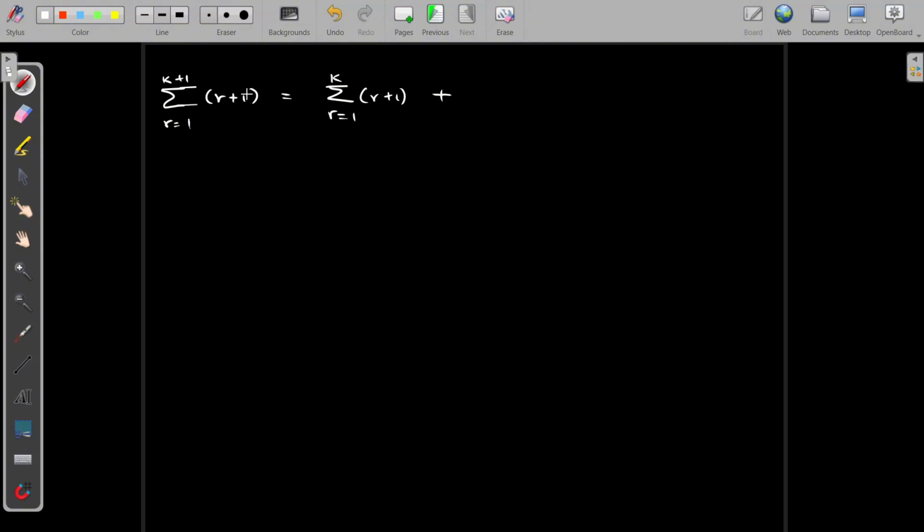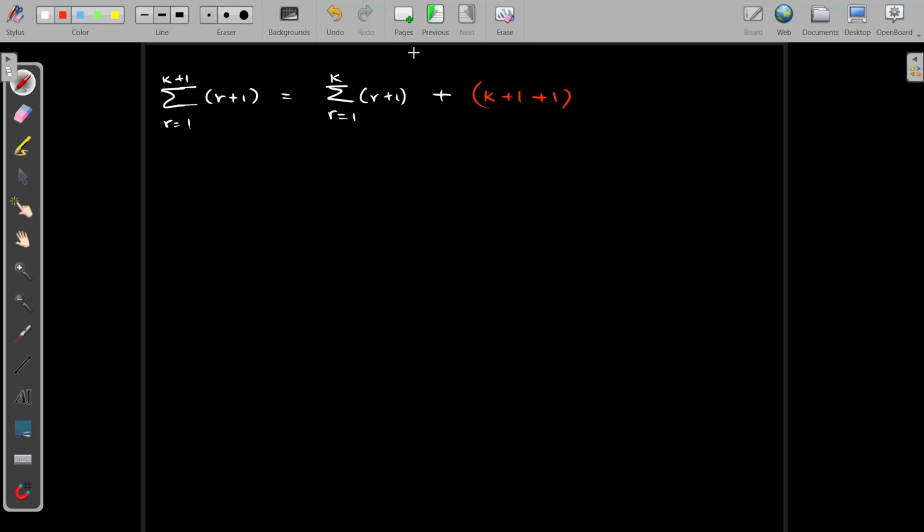And remember, the k plus 1 term is simply replacing the r here with k plus 1. So our k plus 1 term in this case would be k plus 1 plus 1. So this would be our k plus 1 term.